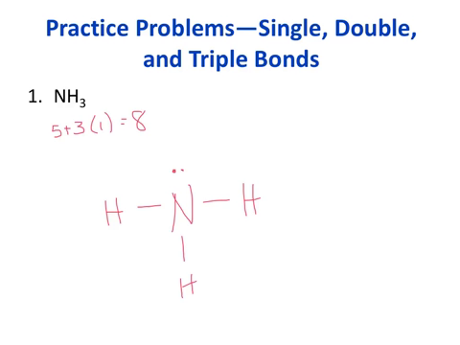So we're going to look at the first molecule here, ammonia. We're going to take each individual atom and figure out what the formal charge is. First, we're going to focus on nitrogen, and we're going to look at the number of electrons around it.